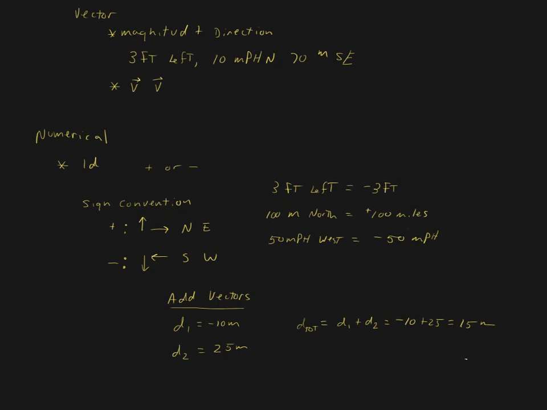But the fact that it's positive tells me that it's going to be to the right, and I don't need to actually write that out. Now, it doesn't matter what order you add vectors in. We could do d1 plus d2, or we could do d2 plus d1. So that would be 25 plus a negative 10, which is still 15 meters.